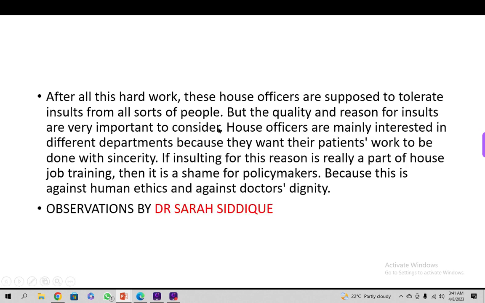After all this hard work, these house officers are supposed to tolerate insults from all sorts of people, but the quality and reason for the insults are very important to consider. House officers are mainly interested in different departments because they want their patients' work to be done with sincerity.